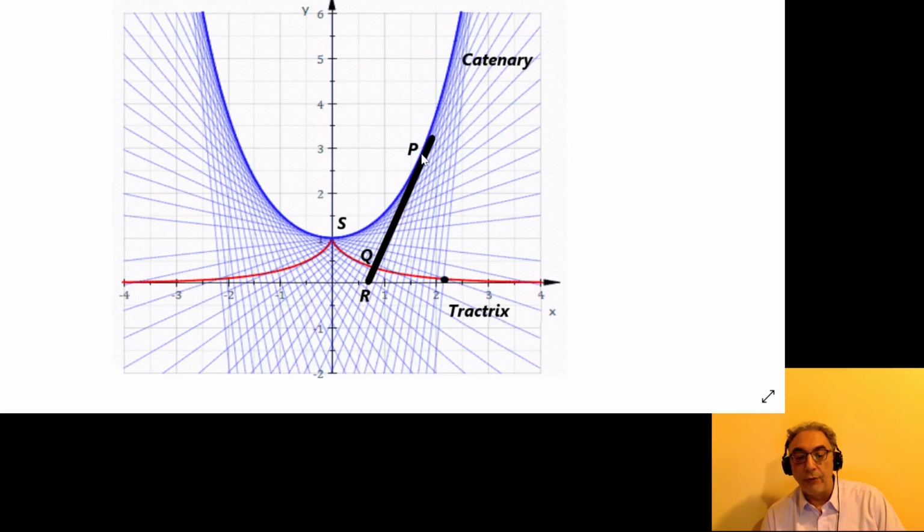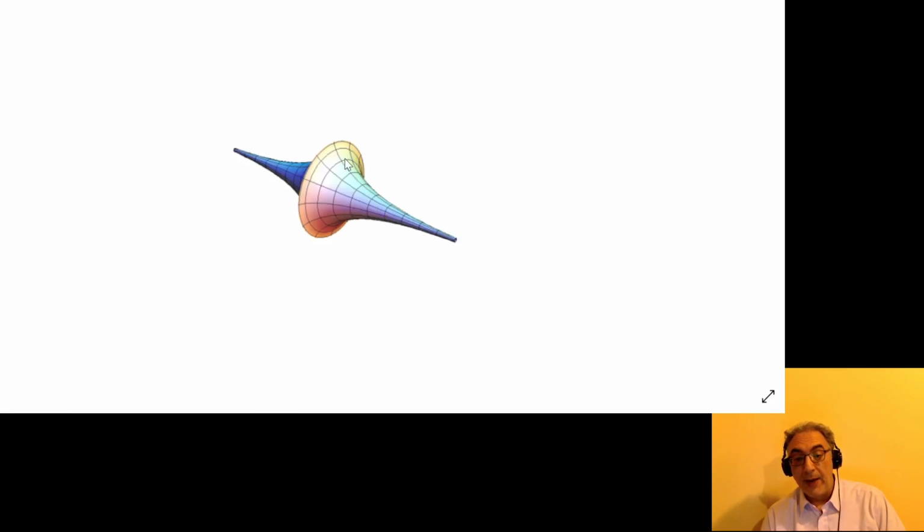And it is immediate to see that this tangent to the catenary is the radius of the osculating circle in one direction, and this QR segment here is the radius of the other osculating circle, rolling around the pseudosphere in the other direction.